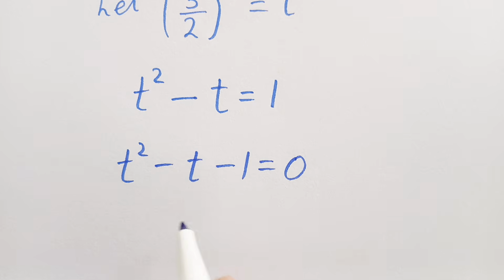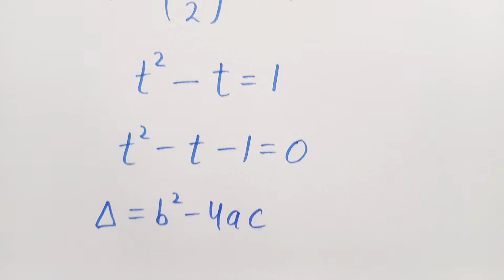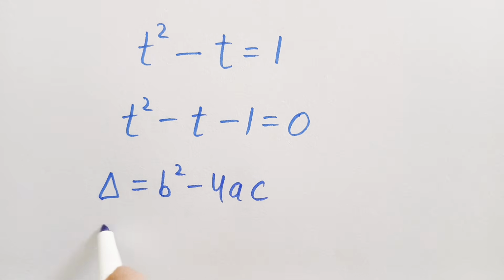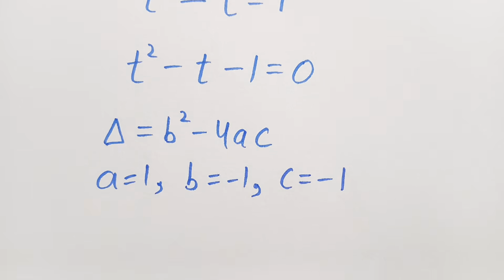This becomes a quadratic equation in terms of t. First, we check the discriminant b square minus 4ac. Now, here a equal to 1, b equal to minus 1, and c is equal to minus 1.